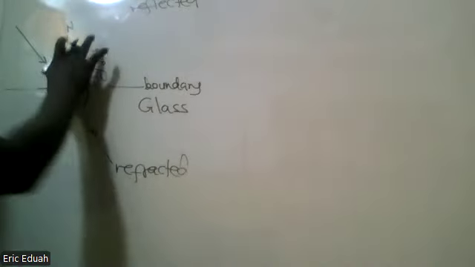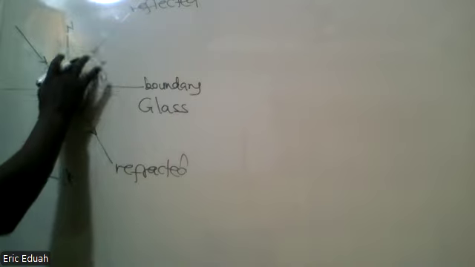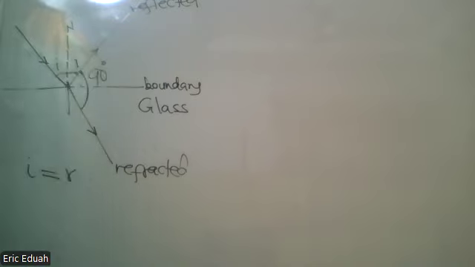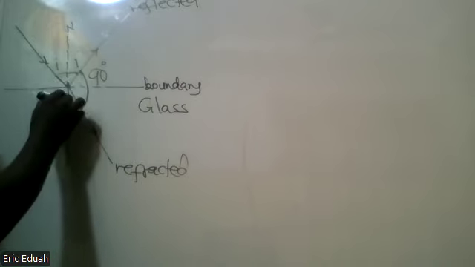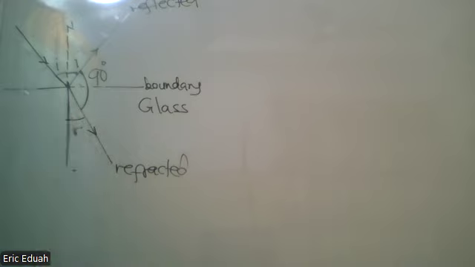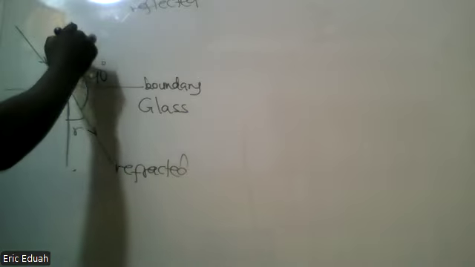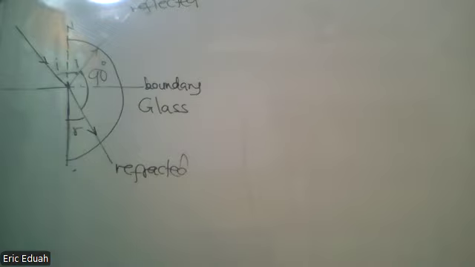You can also represent this as R, but because we know that I is always equal to R, this can be changed to I. If that is I, what will be the angle of refraction? This is R. What is the angle of refraction? Now we know that this whole angle must sum up to be 180.